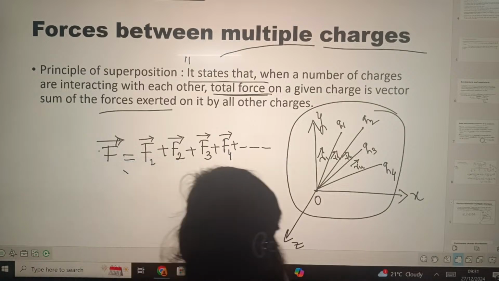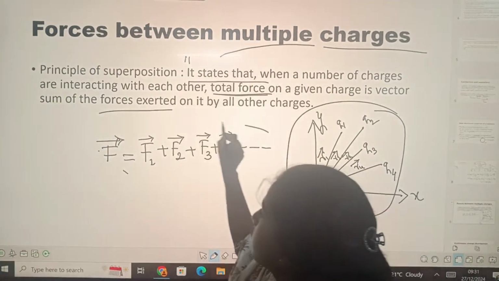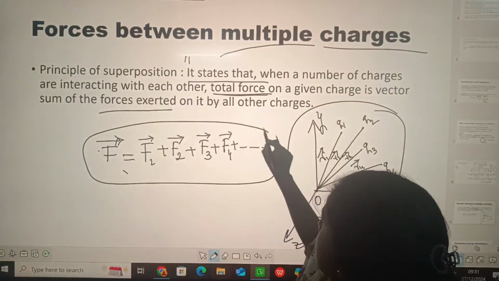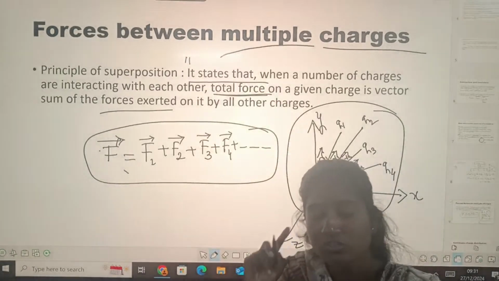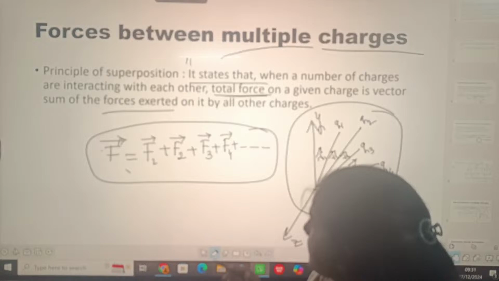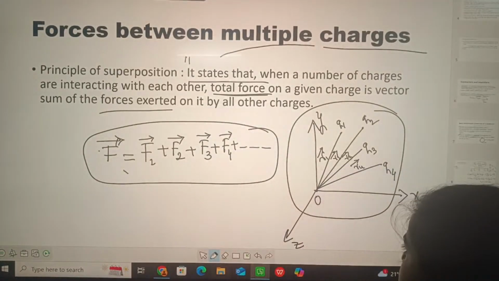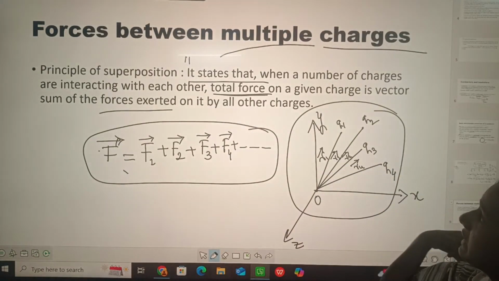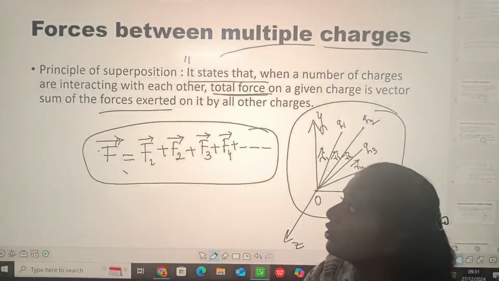This is the superposition principle of forces between multiple charges. So the forces between multiple charges is also nothing but the principle of superposition.